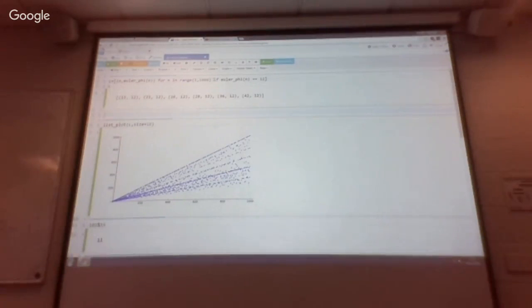They all have a phi value of 12. So let's see if we can prove that there aren't any other ones. Try and set up the problem generally and approach it with the product formula and the multiplicative property.